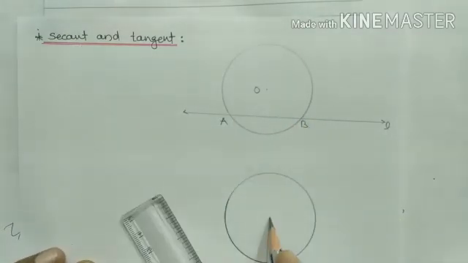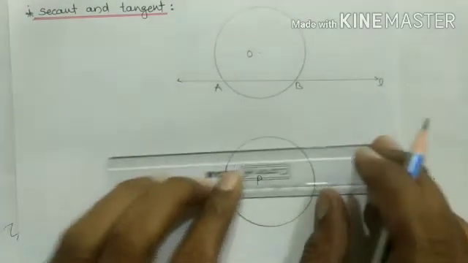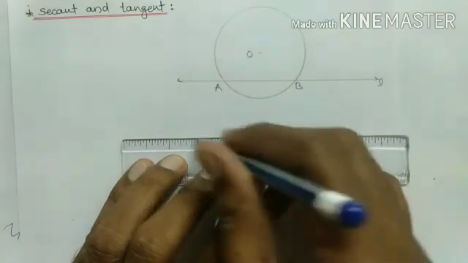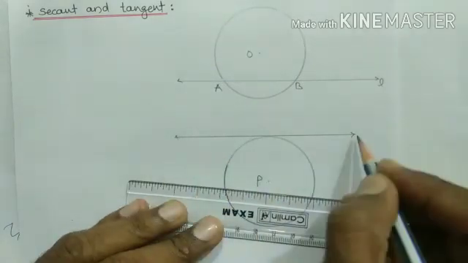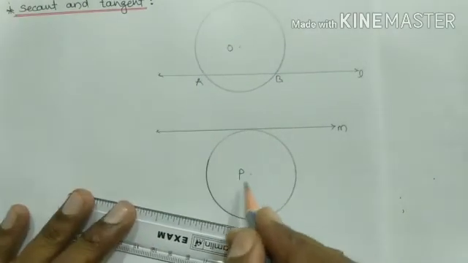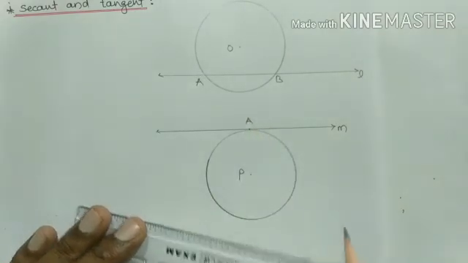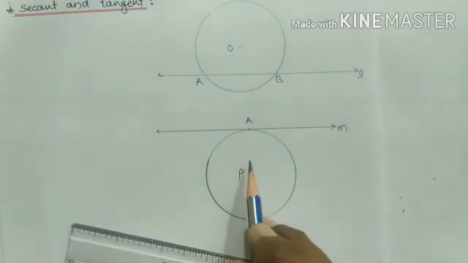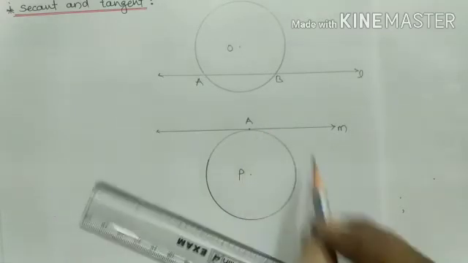Now this is another circle having center P. When you draw a line, see, here this line, suppose this is line M, this line intersects the circle having center P in only one point, this is point A. It means that there is one and only one common point between this circle and this line, which is in the same plane.